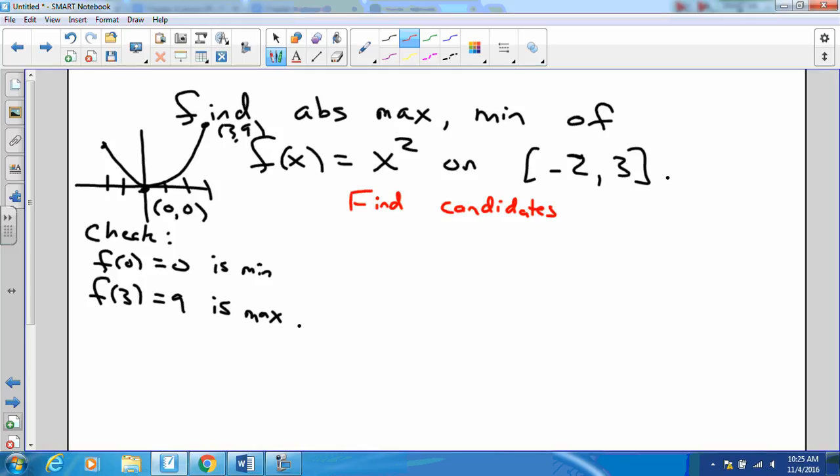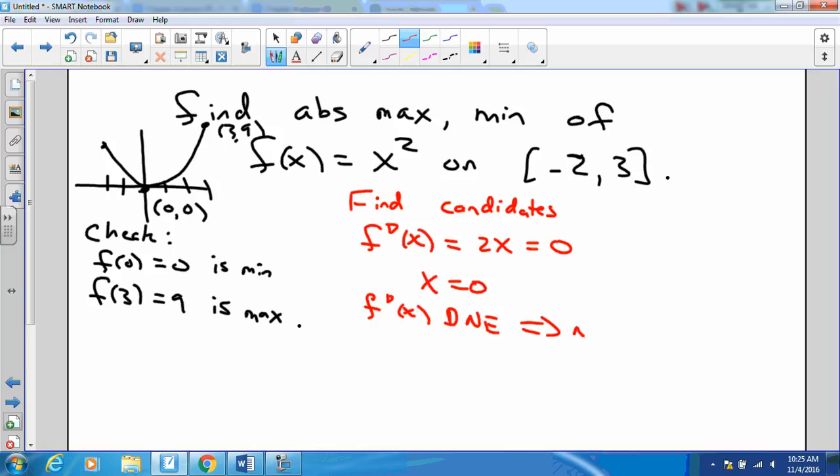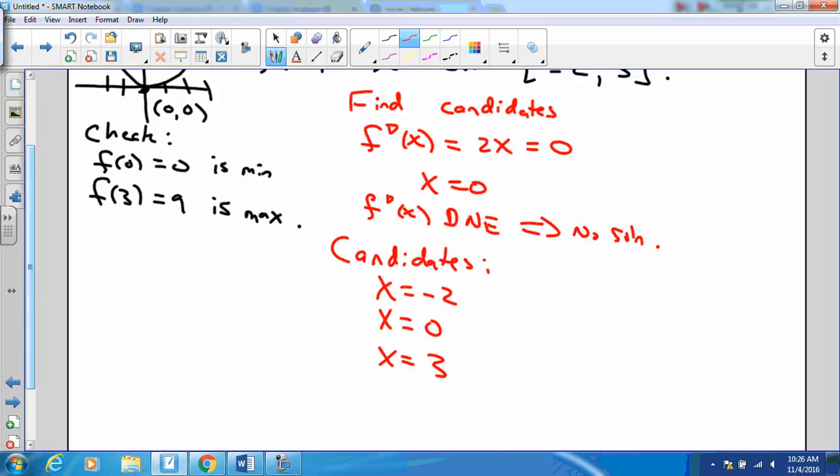We do that first by setting f prime of x equal to 0, or f prime does not exist. But here, there are no values of x for which f prime does not exist. Now we announce our candidate list: x equals negative 2, x equals 0, and x equals 3, in numerical order.